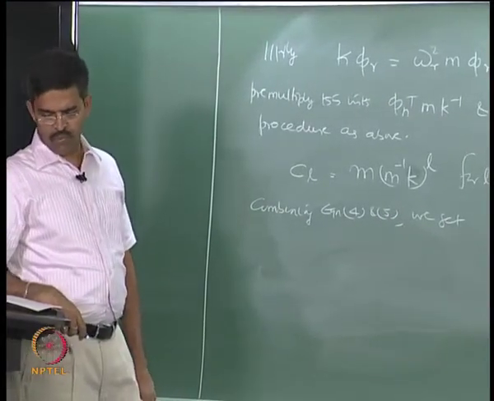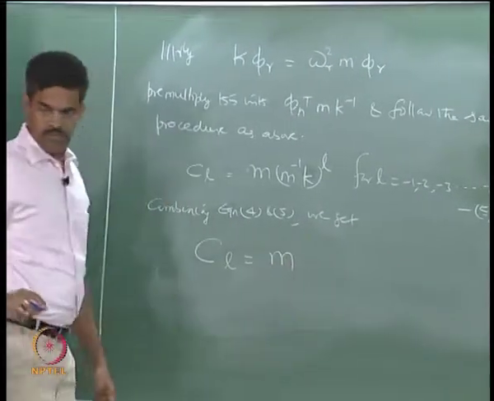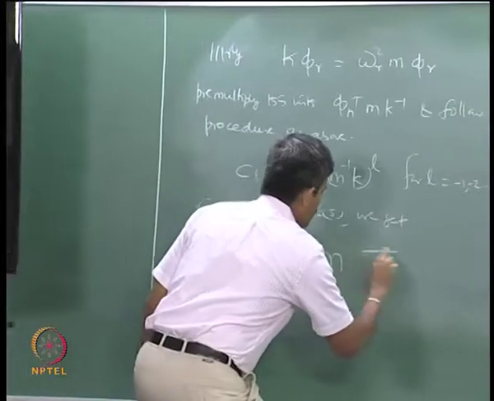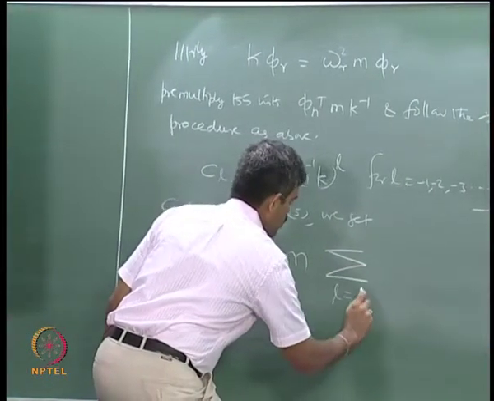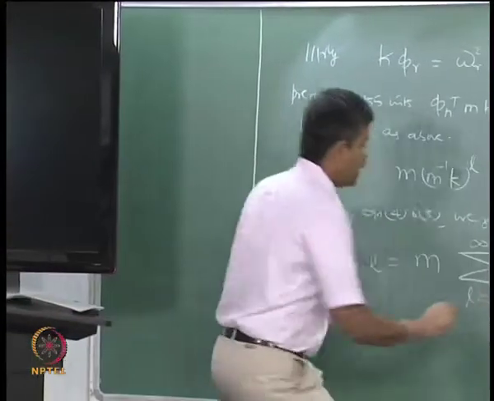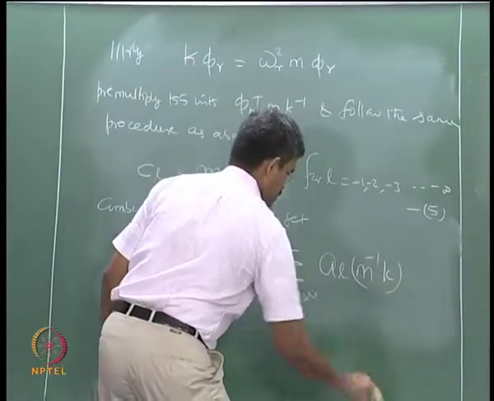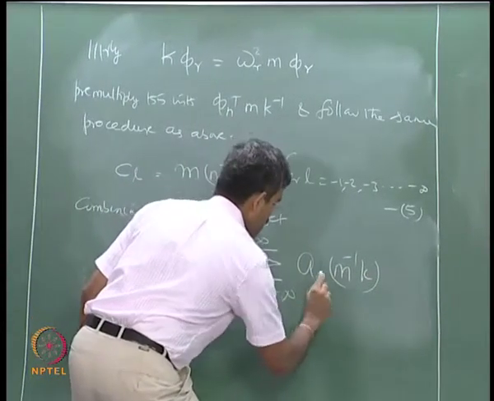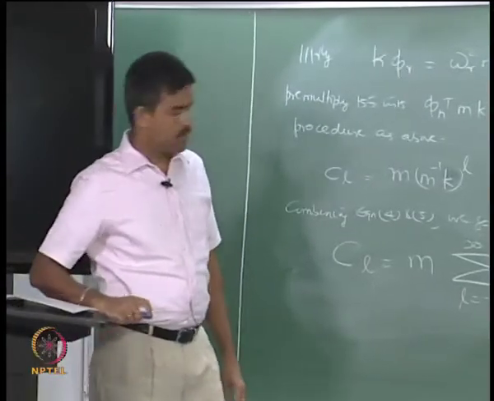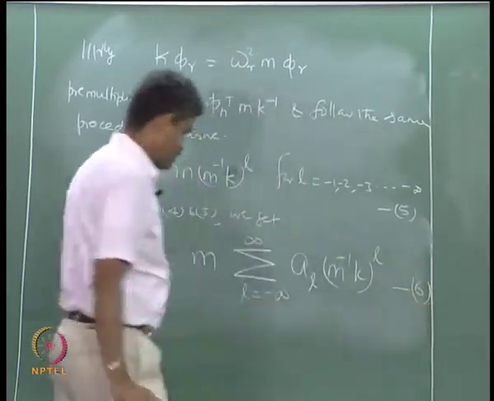If you combine 4 and 5, I can write the equation for CL as m times the summation for L equals minus infinity to plus infinity of AL of m inverse k to the power L. I call this equation number 6.